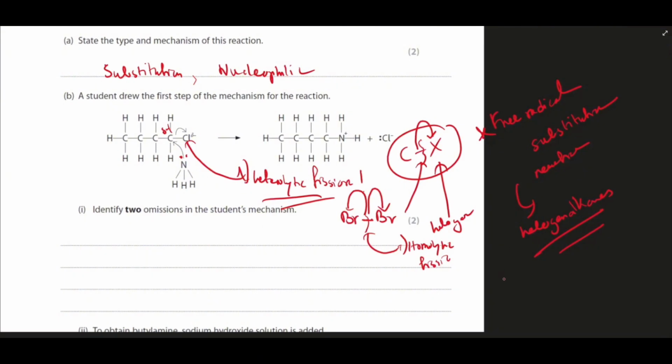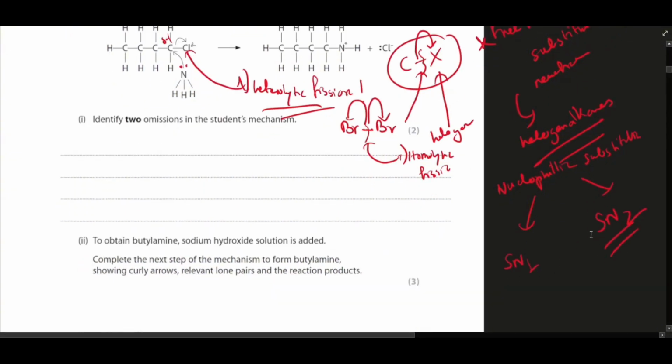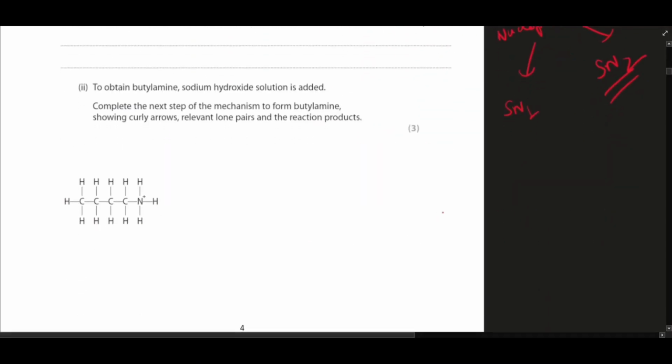Nucleophilic substitution. Now, nucleophilic substitution also has two categories. Do you know the two categories, or you don't know? Nucleophilic substitution has two categories. One is SN1, another one is SN2. Okay. If I talk about SN1 and SN2, SN1 basically only primary halogenoalkanes.